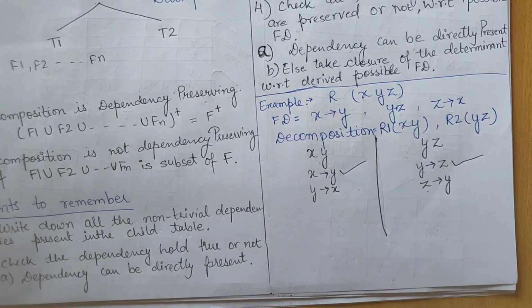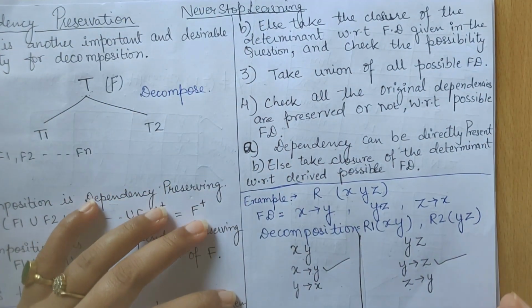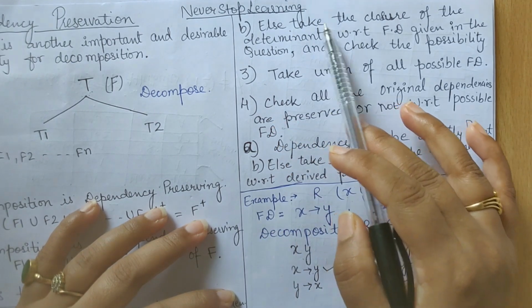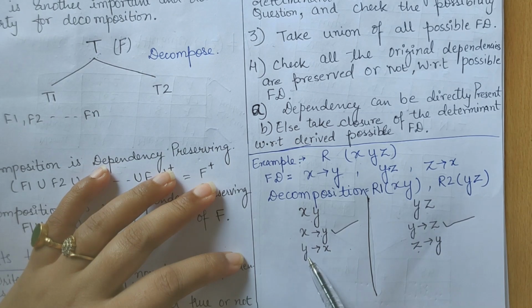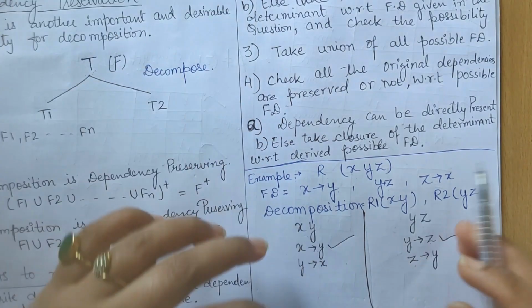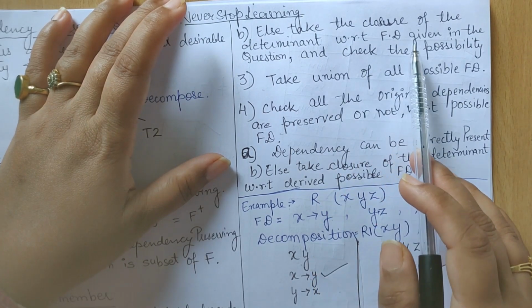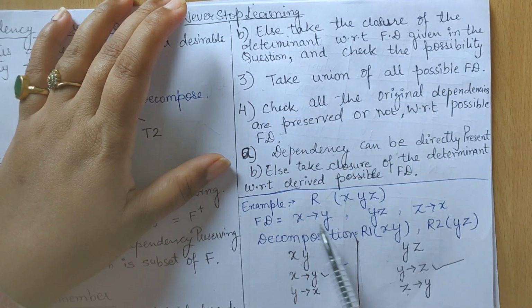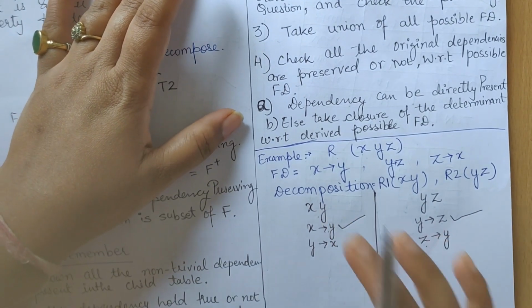Now what if the dependencies are not directly present in the question? Then what do we have to do? We have to follow this point. Else, take the closure of the determinant. Which determinant? The one present on the left hand side. So if the dependency is not directly present in the question, we have to take the closure of the determinant with respect to the functional dependencies given in the question and check whether it is true or not.